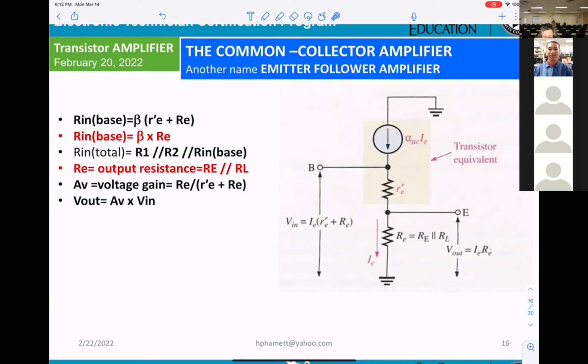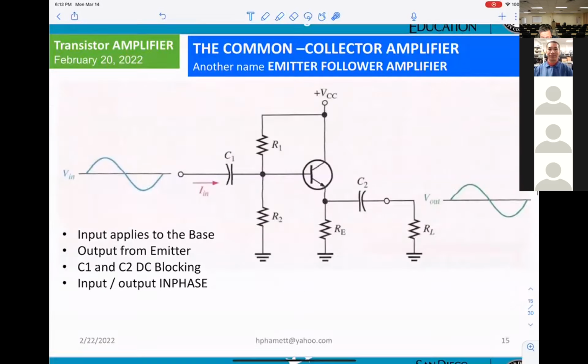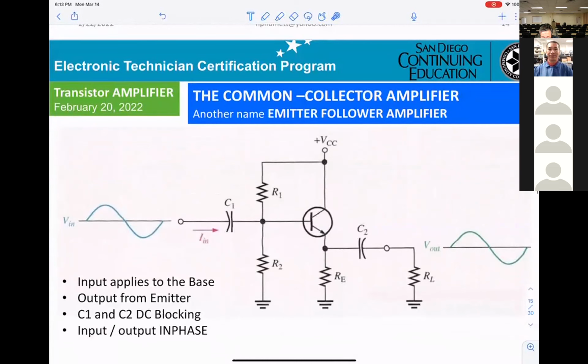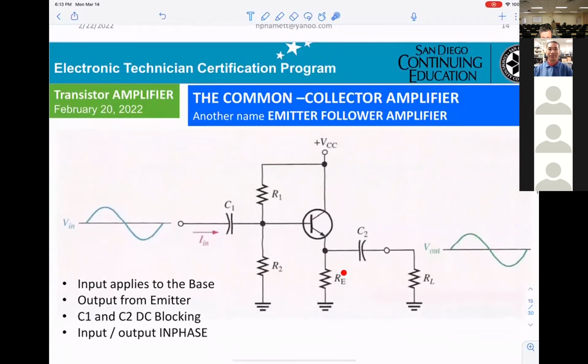And how come they said I in base equivalent to beta times RE here? Remember, RE here is not that one, okay? Why is it not?